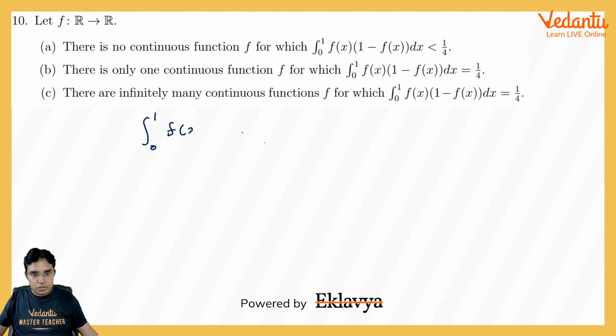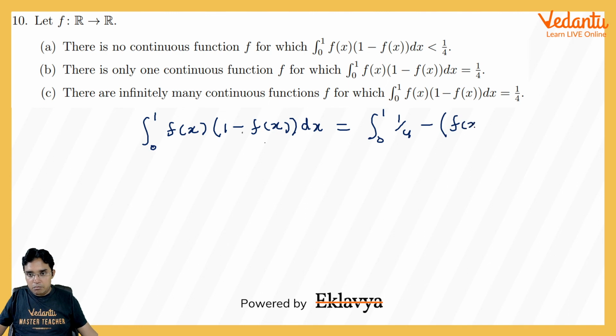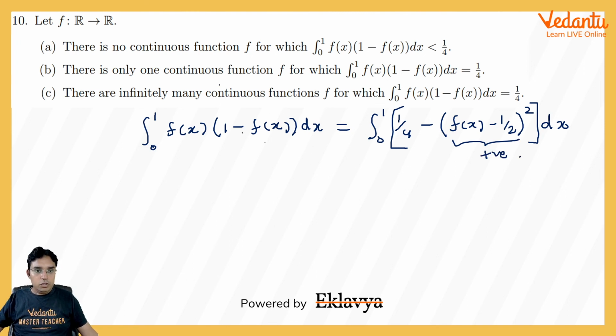I have seen this question at many places. f(x)(1 minus f(x)) can be written under the integral from 0 to 1 as 1 by 4 minus (f(x) minus 1 by 2) whole square, dx. Now, the square is always going to be positive because it is a perfect square. So this integral has to be lesser than or equal to 1 by 4.